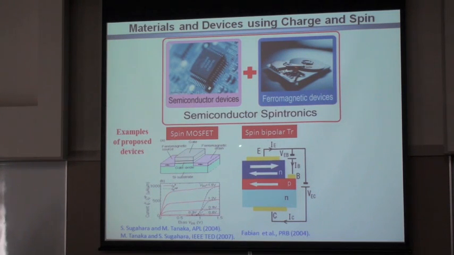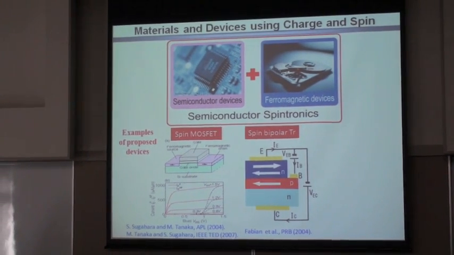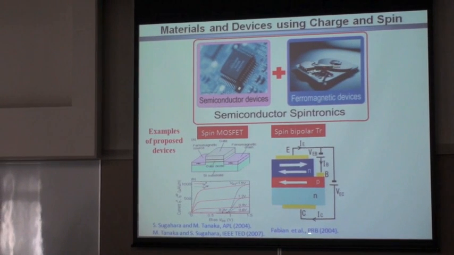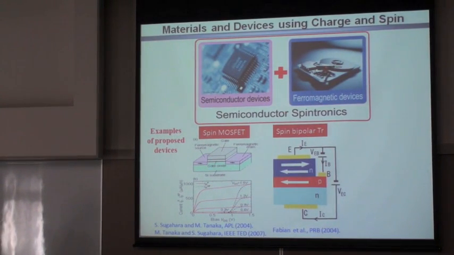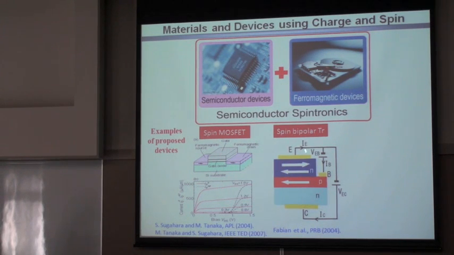And another example is a spin bipolar transistor, which was proposed by Fabian and co-workers in 2004. This is also a transistor structure, but bipolar, consisting of PN junctions and ferromagnetic semiconductor heterostructures, which will show similar transistor-type and spin-dependent output characteristics.